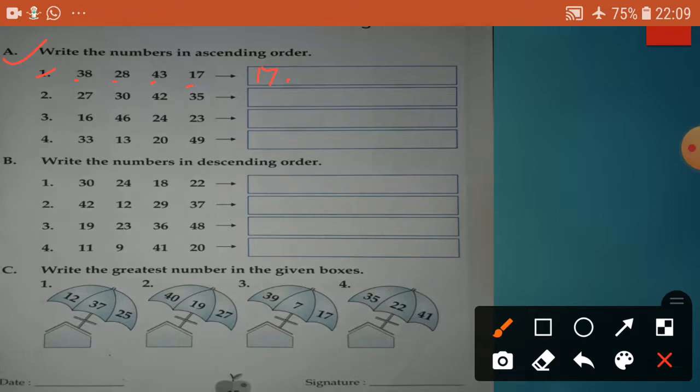Okay. 17. Next 2 tens, 28. 3 tens, 38. 4 tens, 43.